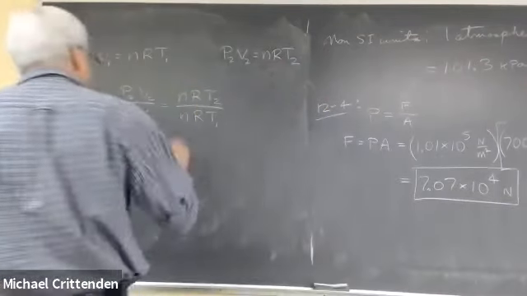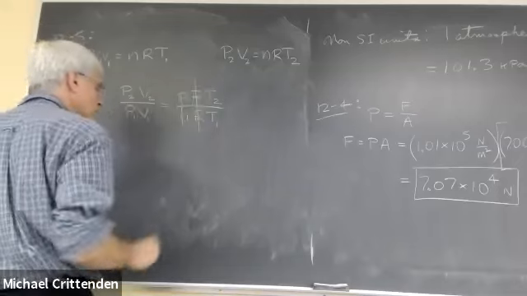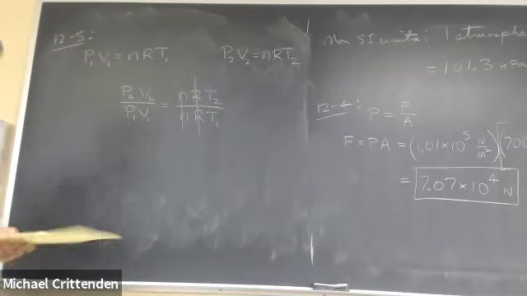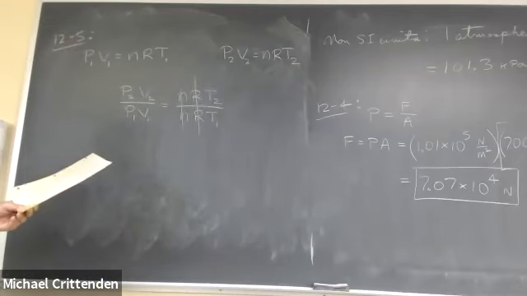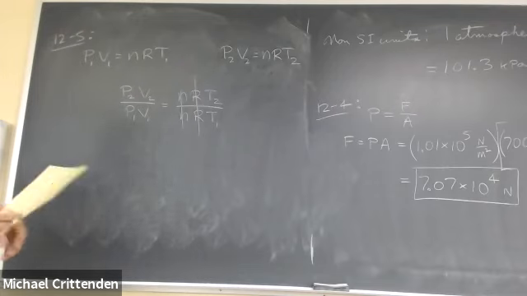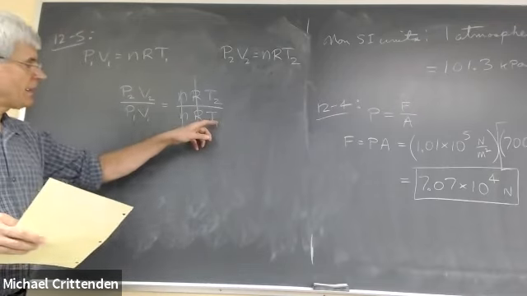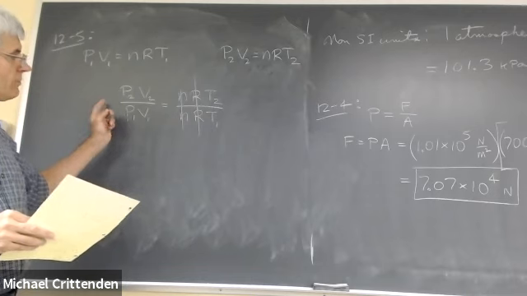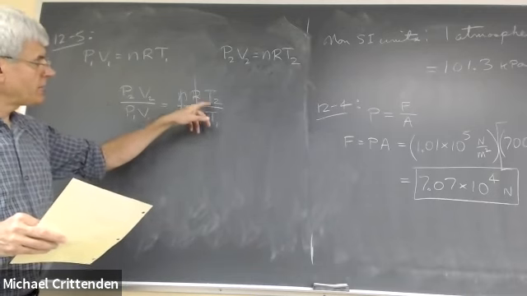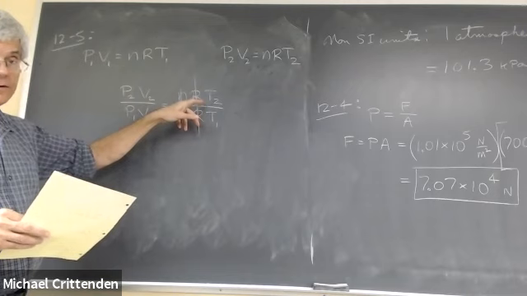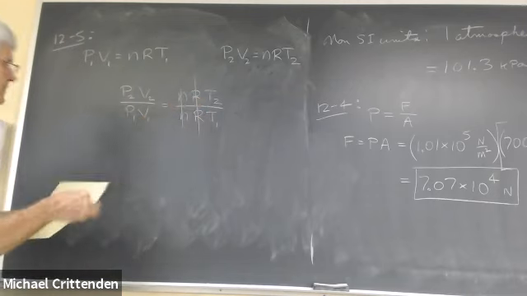And the reason I want to do that is n over n equals 1, R over R equals 1. So those things go away and stop bothering me. And once I've done that, I can multiply both sides by T1, and it's solved for T2, which is the thing I'm trying to determine.